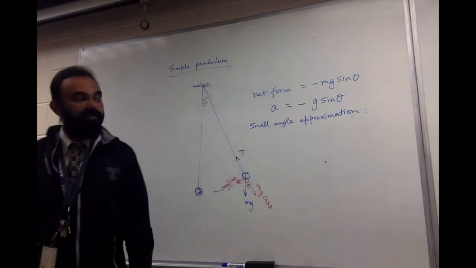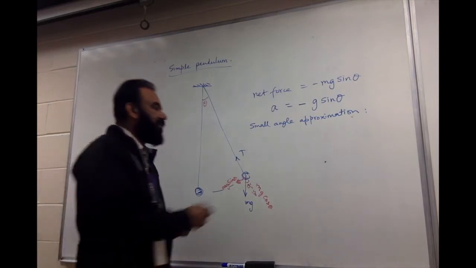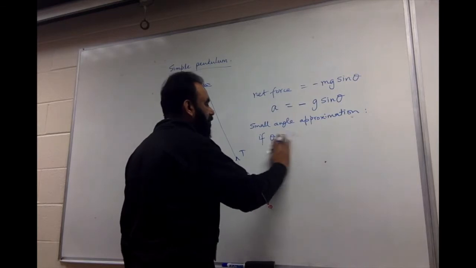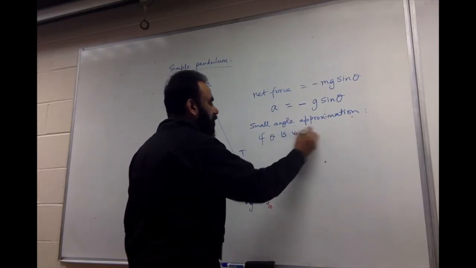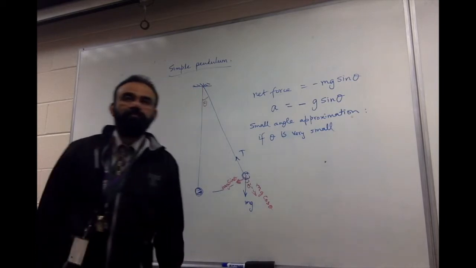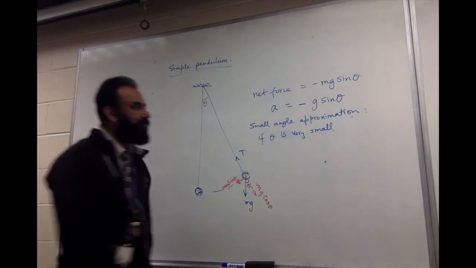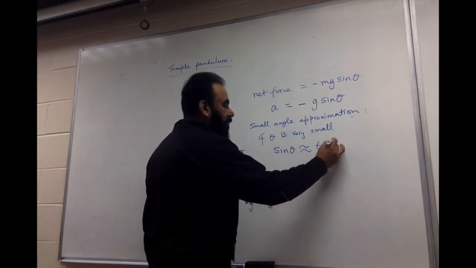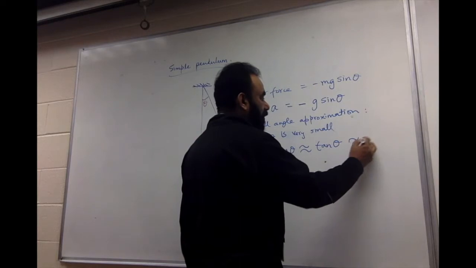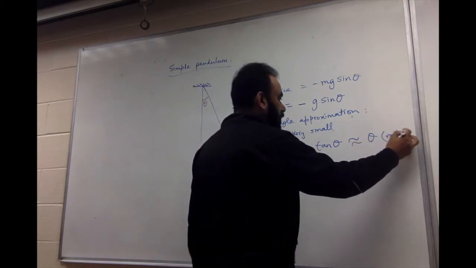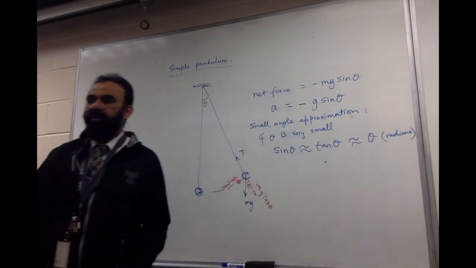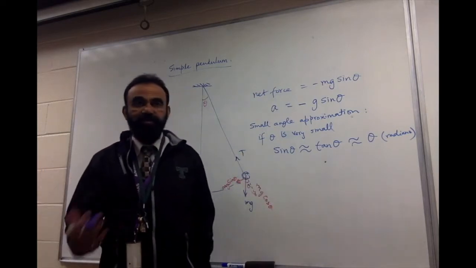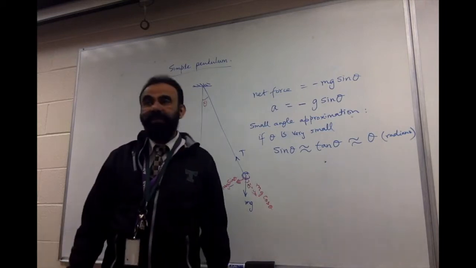What is the small angle approximation? If theta is very small, sine theta is approximately equal to tan theta, which is approximately equal to theta in radians. That is called the small angle approximation.